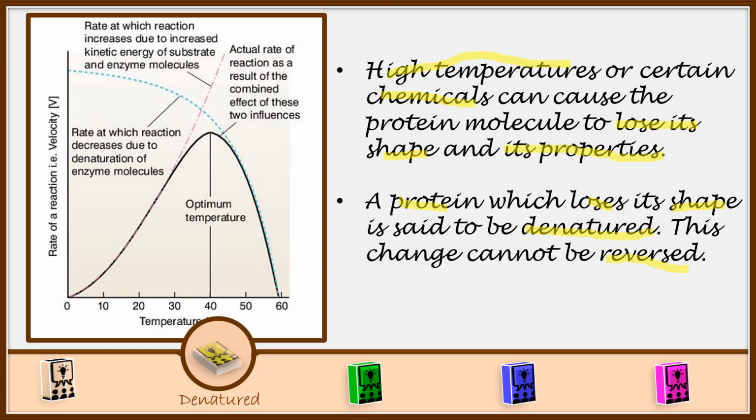The shape has been changed. Therefore, it can no longer work properly, or it has been disfigured such that the substrate can no longer fit in the active site. It has been denatured, and that change cannot be reversed.